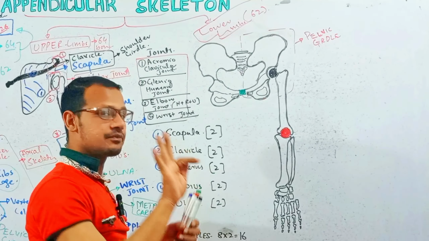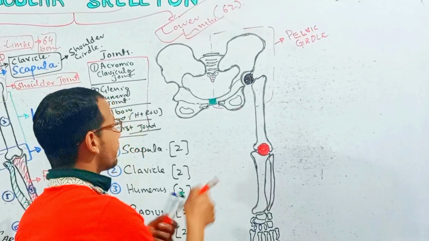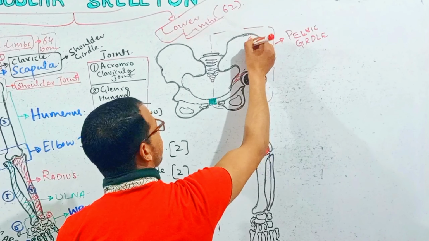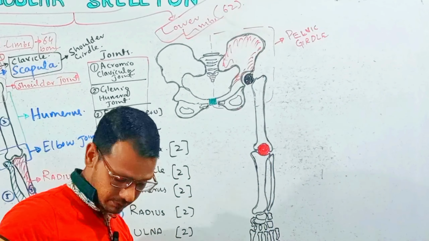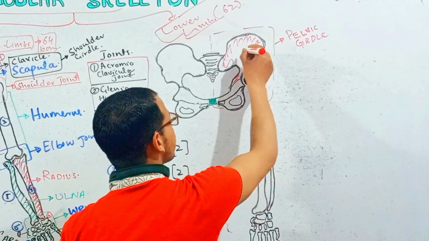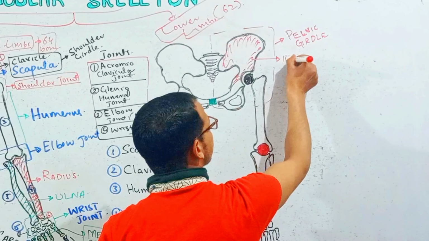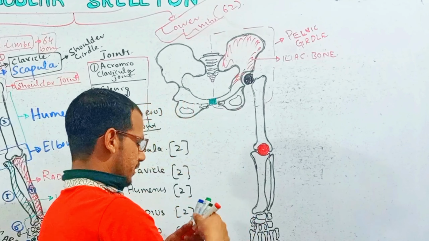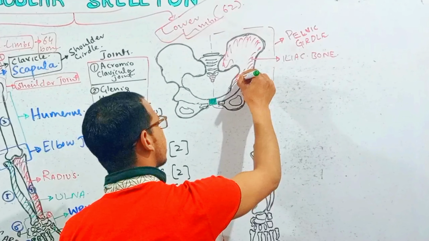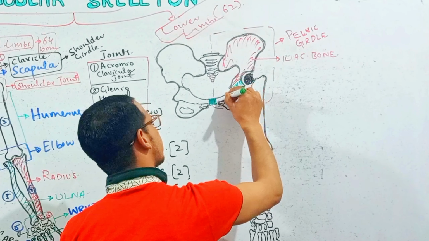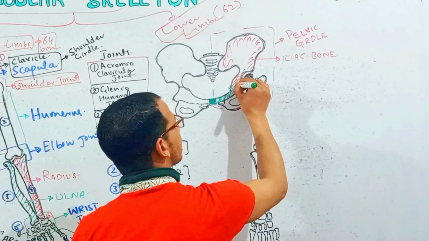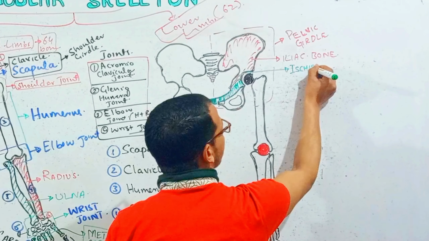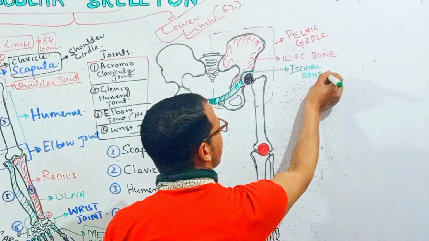In the pelvic girdle we have three bones, right? For example, one is this bone. I am shading this in red color. This palpable bone, which we can palpate here, is called the iliac bone. One bone is present on the posterior side. I am shading this bone in green color, and it is called the ischial bone, right?